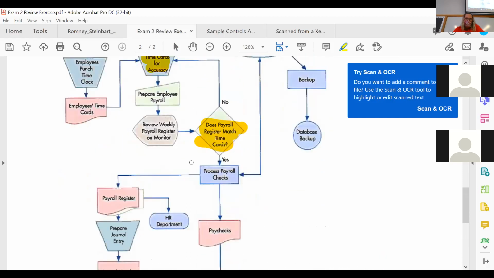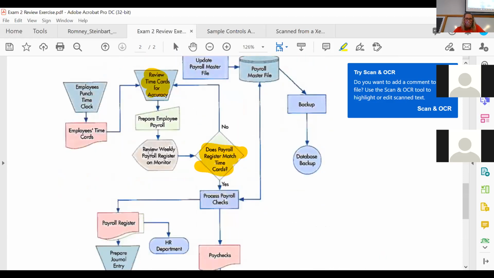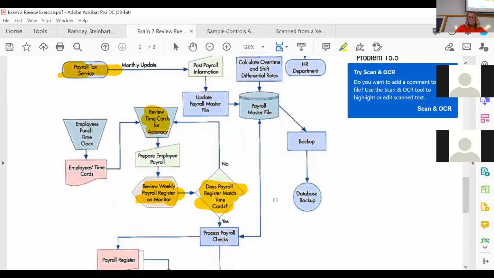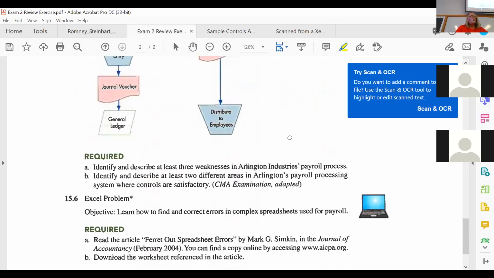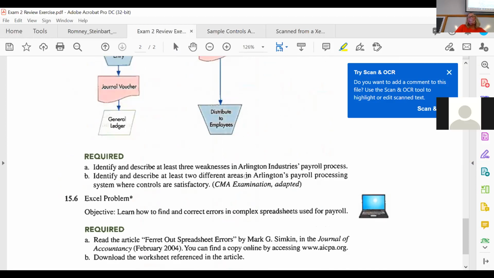Do we see any other examples of control? I guess we can call that one a control too: reviewing the weekly payroll register on the monitor. So on your exam, you're going to see something similar to this. I did embed multiple examples of control, like 5 or 6, because I'm an auditor and that's how my brain works.